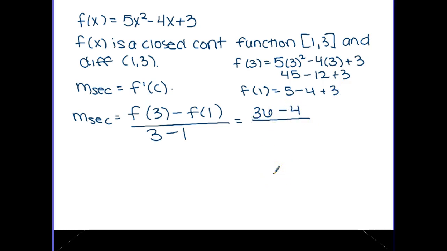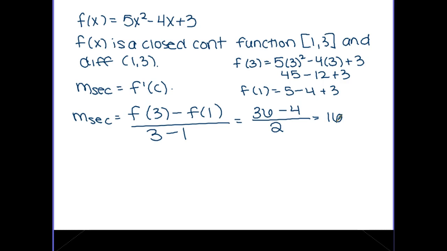So f of 3 and f of 1 do not have to be the same with MVT. So you have 36 minus 4, which is 32, all over 2, and 32 divided by 2 is 16. So that's the slope of the secant.